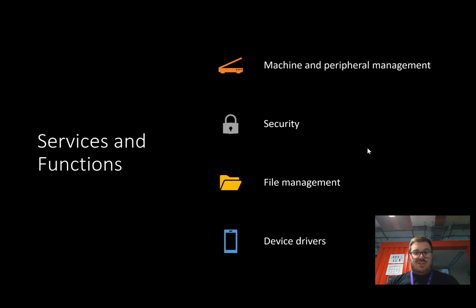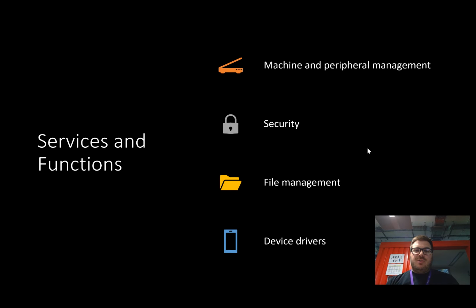Different operating systems manage these things in different ways. Linux, for example, is renowned for being quite poor at third party driver support. If you buy a scanner, for example, a USB scanner, and plug it in, you might find that it won't work with Linux. You might have to muck around with that and get it working. Whereas Windows is very, very good at third party driver support.